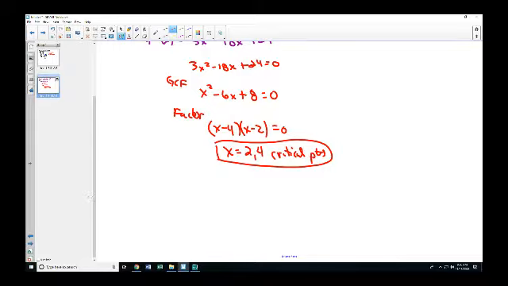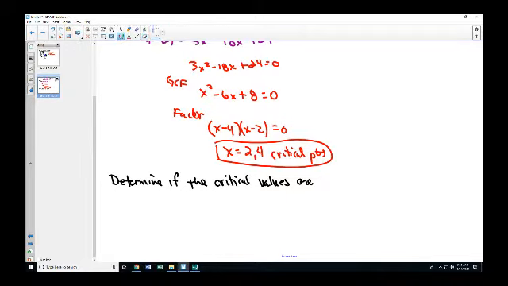Okay. There will be, let's call that, questions that say, determine if the critical values are a min, a max, or neither.